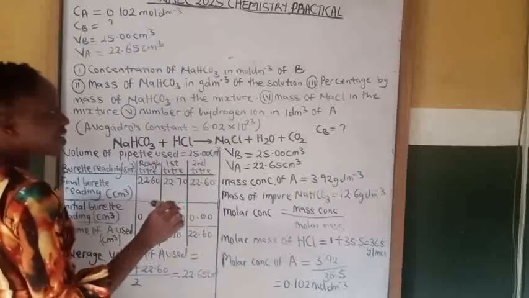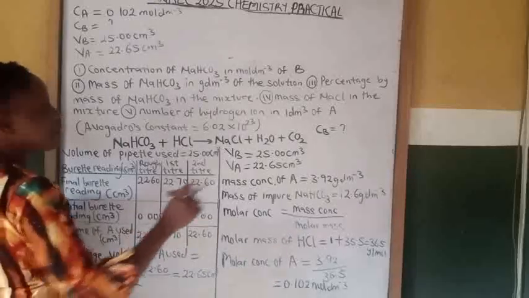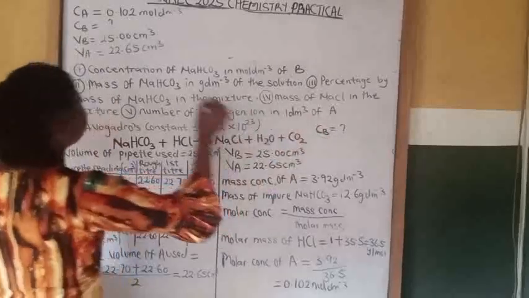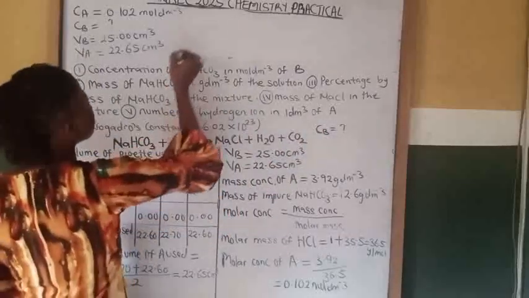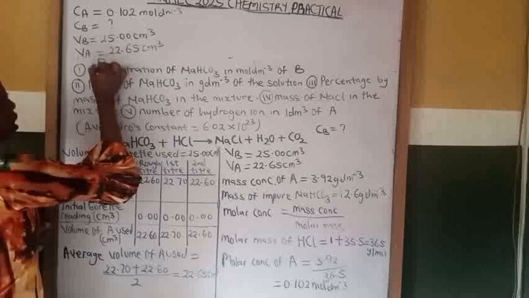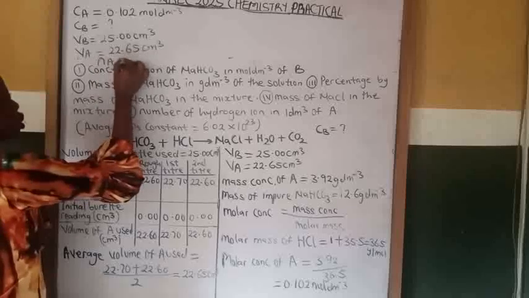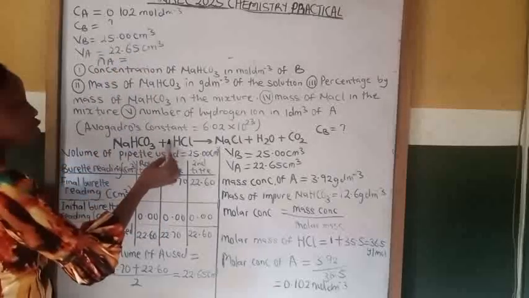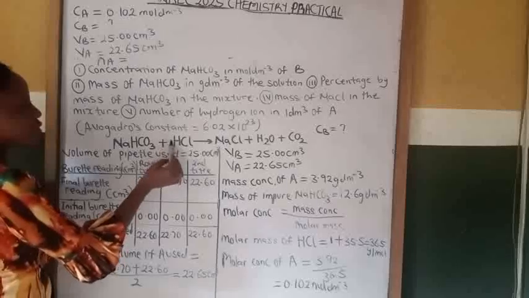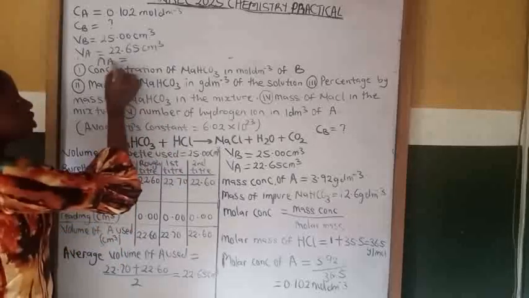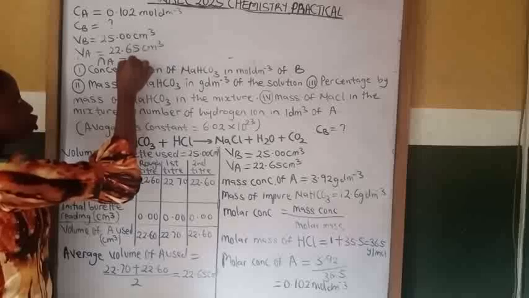Then to look for Cb, I need the general formula. So I need the number of mole of acid. The number of mole, Na, you come back to your chemical reaction. The coefficient of acid here is 1, so the number of mole of acid is 1.